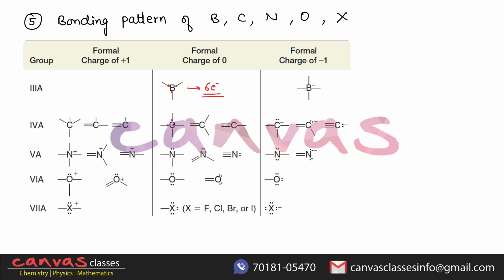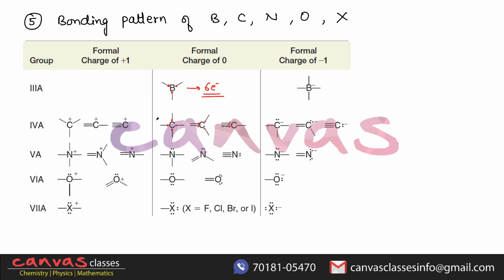Carbon has 4 electrons. So from 4 electrons, it can make 4 bonds. One option, it can make 4 single bonds. Second, it can make 1 double bond and 2 single. Third, it can make 1 triple bond and 1 single. So in total it has to make 4 bonds in order to complete its octet.